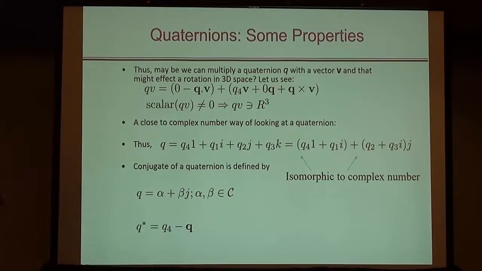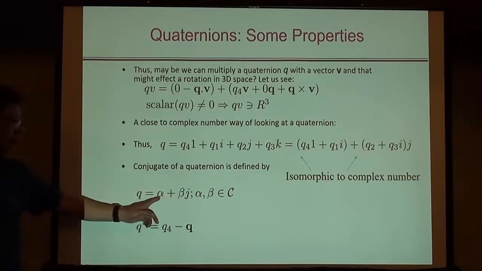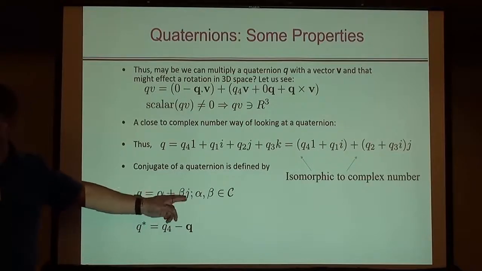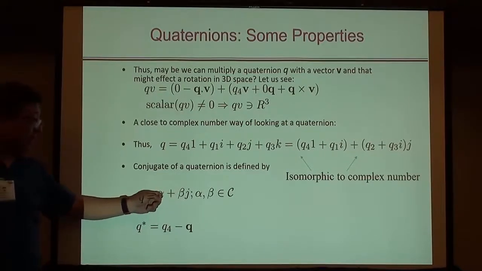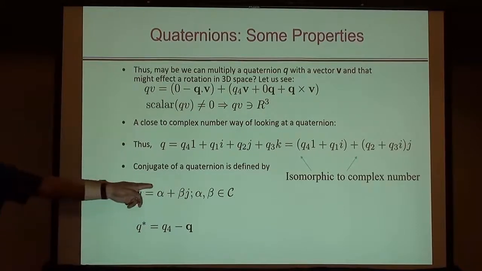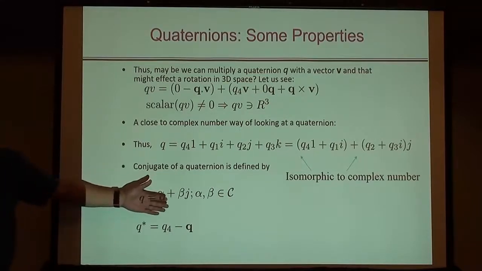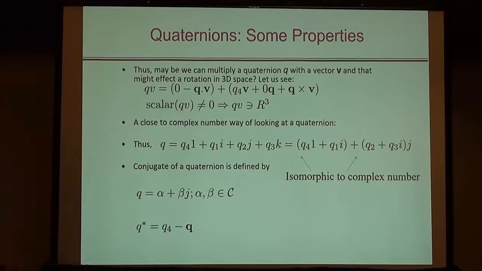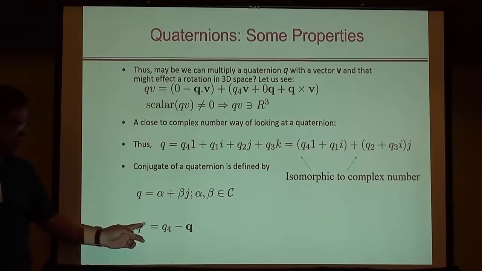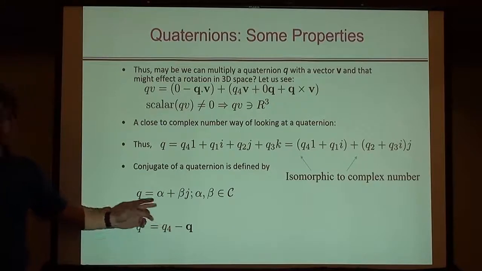That's another form that you can find in some textbooks. Basically, a quaternion is a combination of two hypercomplex numbers: a complex number alpha and a complex number beta. Then you can apply the same logic that you have learned in complex numbers to manipulate quaternions. For example, you can define the conjugate, and all that.